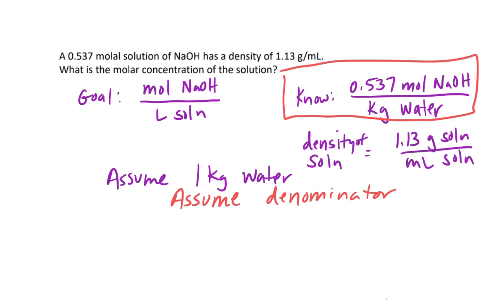If we were starting from moles per liter of solution, we could assume we have 1 liter of solution. That's going to allow us to calculate the volume of water in 1 kilogram, and then from there we can get mass or moles, excuse me, and go from there.